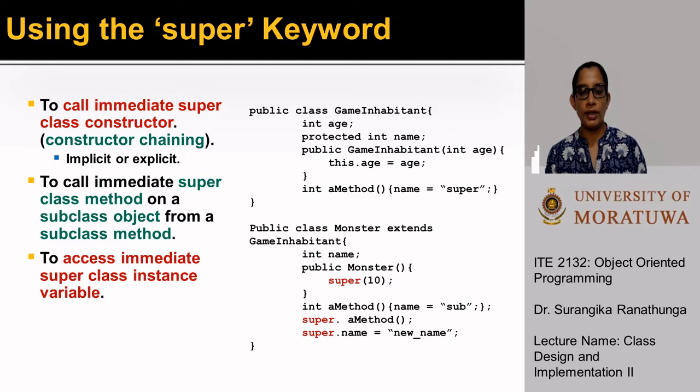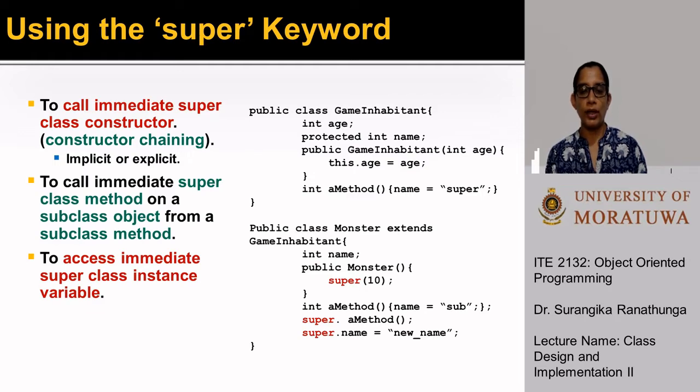In this case, as you can see, even the Monster class has an aMethod, but I specifically want to call the aMethod of the superclass. So I can use the super keyword, and with that, I will be referencing the aMethod in the GameInhabitant class. But if this super keyword was not there, I will be just referencing the aMethod in the Monster class itself.